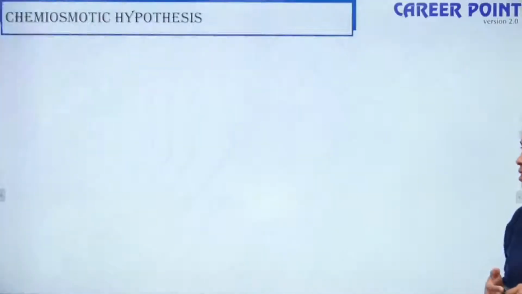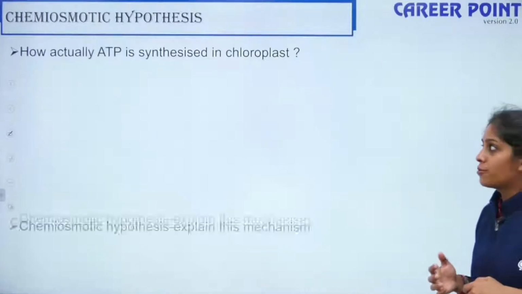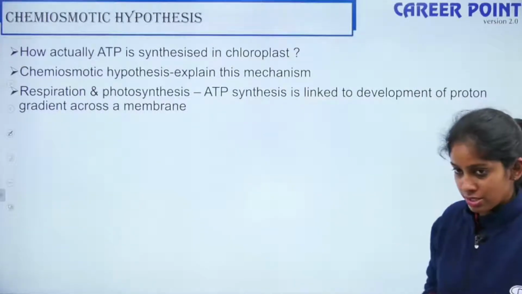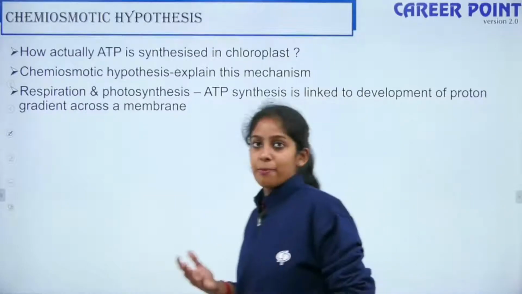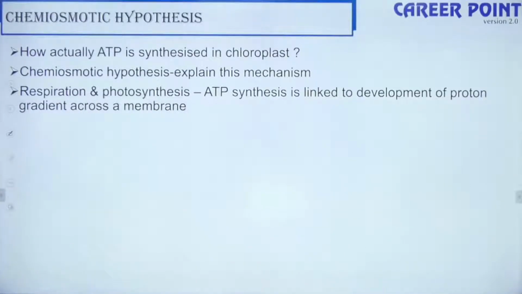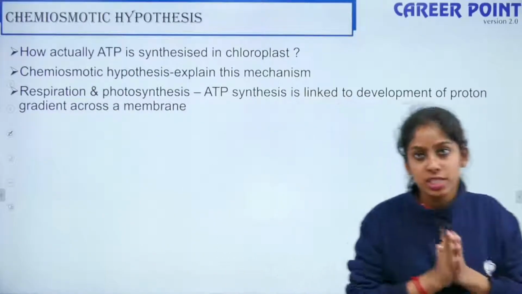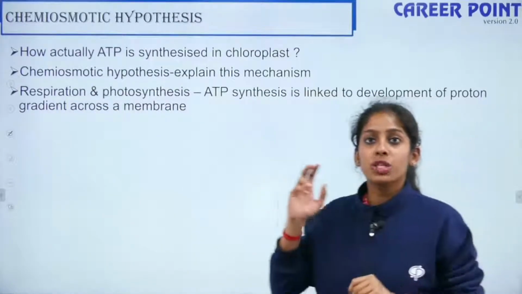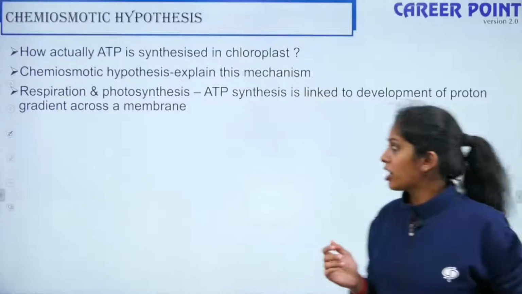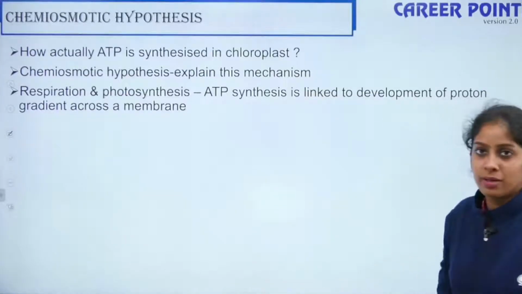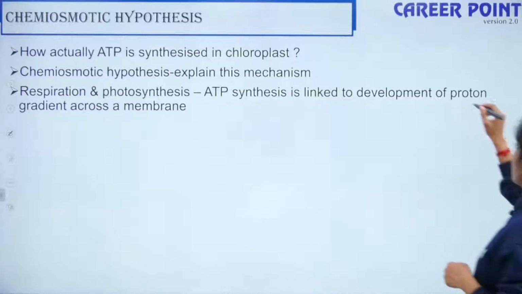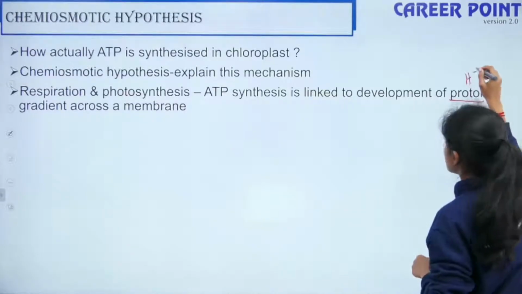Now coming to the concept of the chemiosmotic hypothesis. They are hypothesizing that this is how ATP is produced. Whenever ATP production is there, it is associated with a proton gradient. Proton means H plus.